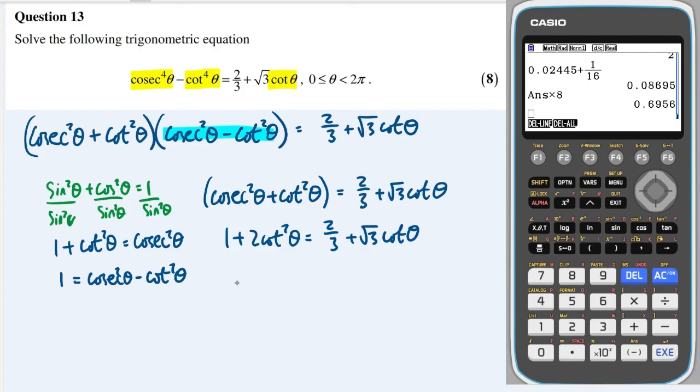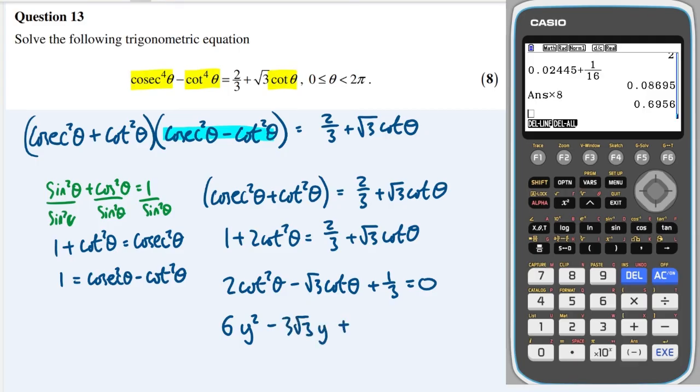This is a quadratic, so let's simplify this by writing it all on one side. So it's all to the left side, so minus root 3 cot theta, and then minus the 2/3 from the 1 gives me just 1/3 equals 0. Multiply through by 3 and replace the cot with a y is going to give me 6y squared minus 3 root 3 y plus 1 equals 0.